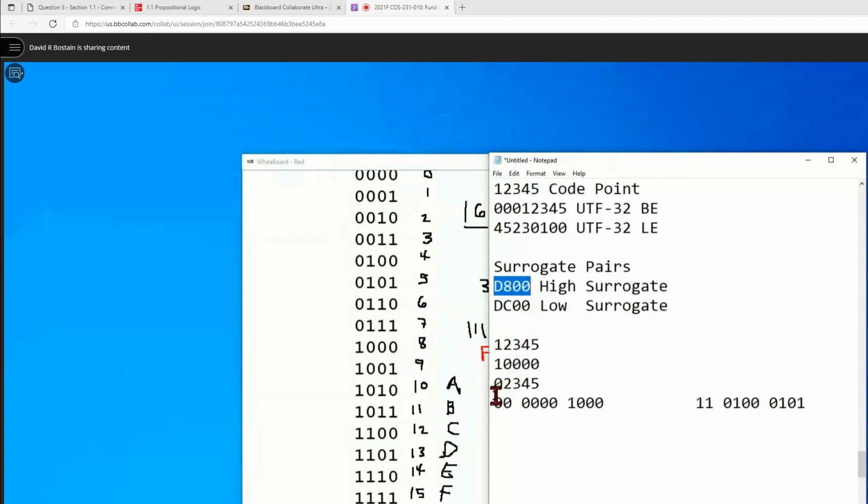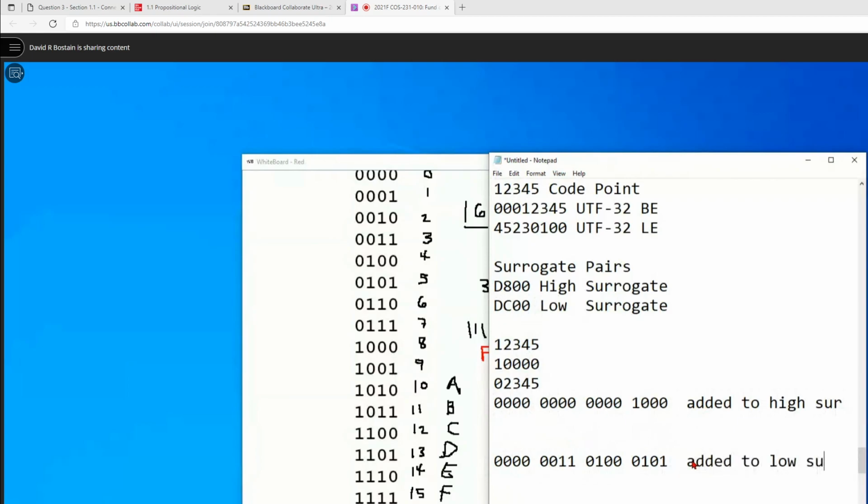That means I really need some leading zeros. I need 6 of them. So I need those 4 plus the 2 to make that. I'm going to break this to a second line here. And it needs the same. It needs to have 4 zeros plus 2. It's this part that's going to be added to the high surrogate. And this part that's going to get added to the low surrogate.